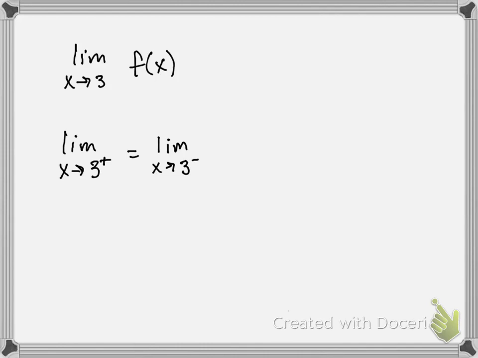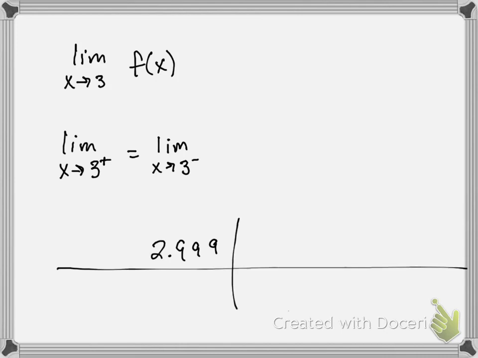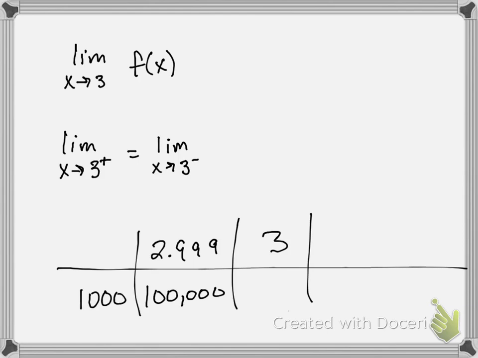Okay? So, look at our function here. As x gets really, really close to 3, so look at 2.999. What does my y value go to? All right, 100,000. Right before that was 1,000. So are my y values increasing really, really quickly?